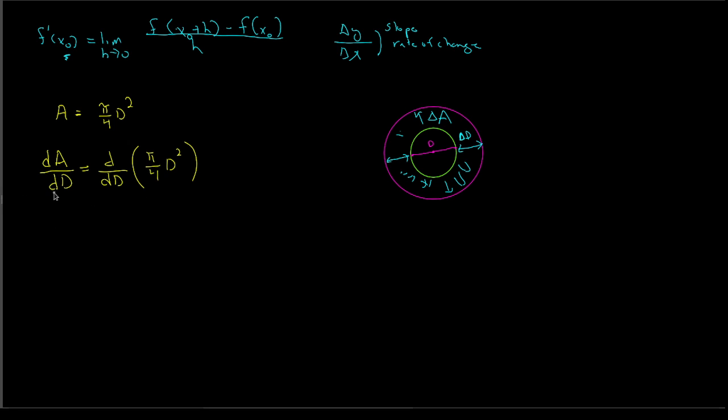And so the derivative with respect to diameter, or the change in area with the change in diameter, is equal to, well, we'll bring this 2 out front. So it's 2 divided by 4, or pi over 2 times the diameter.